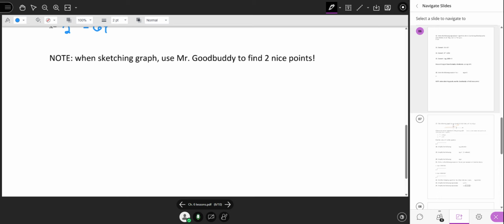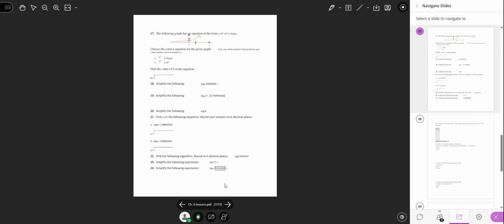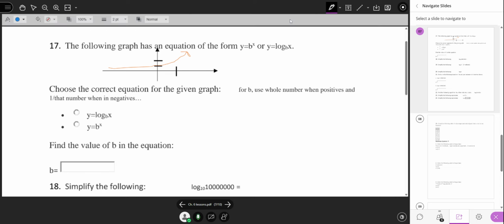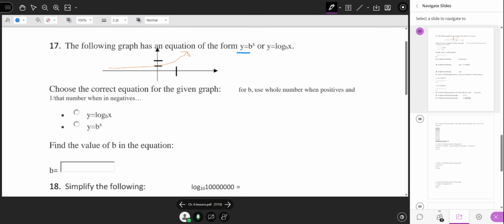When sketching a graph, find 2 nice points, either in Mr. Goodbuddy or Desmos. Now, this is massive information. B to the x hugs the x axis.